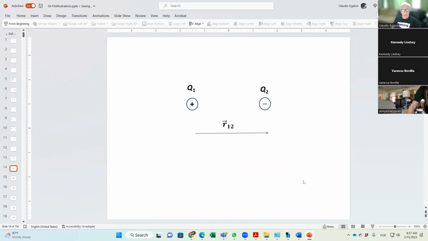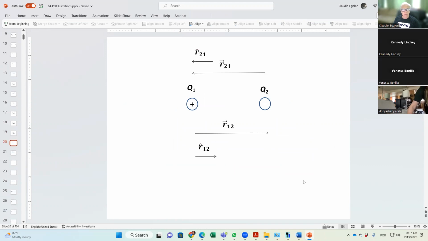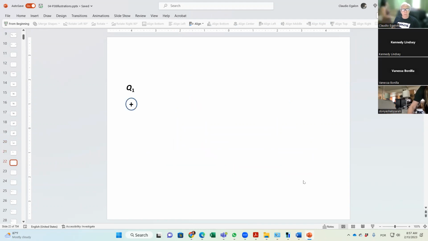I mentioned to you before how we can write this force in vectorial notation, whether it's the vector position from 1 to 2 or the vector position from 2 to 1. The vectorial formula for the Coulomb force also applies.